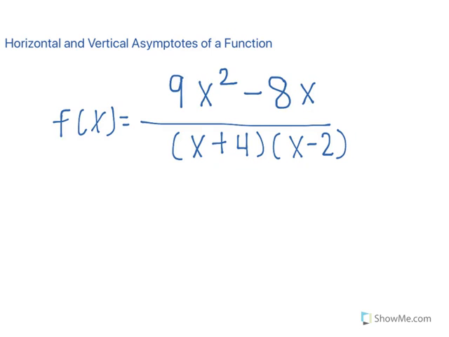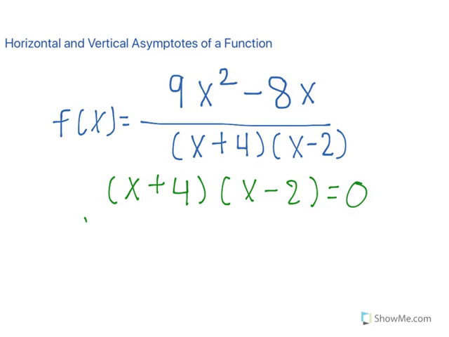Let's try another vertical asymptote problem. So if our function is f of x equals 9x squared minus 8x over the quantity of x plus 4 times the quantity of x minus 2. Like last time, we need to make the denominator equal 0, so let's write that out. x plus 4 times x minus 2 should equal 0, so we can write out x plus 4 equals 0 and x minus 2 equals 0.